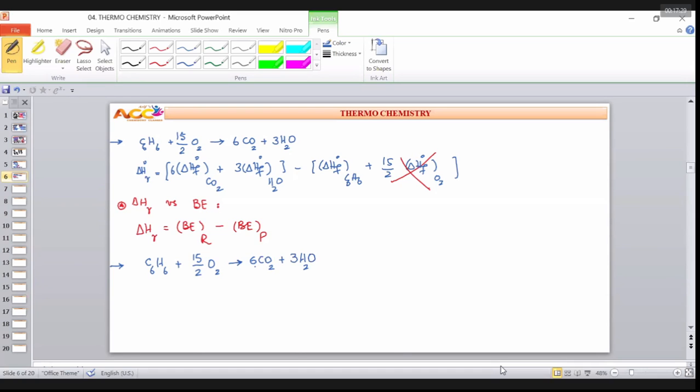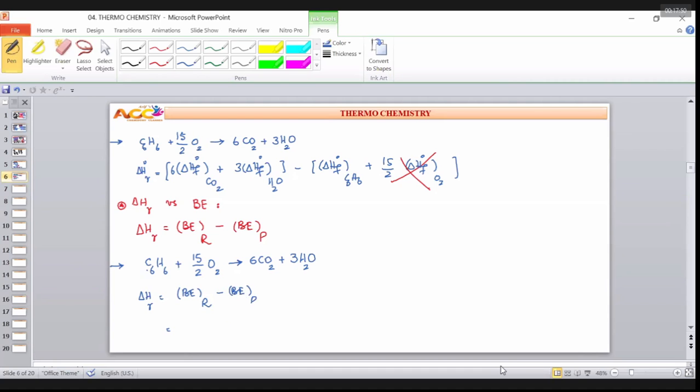If the question provides bond energy parameters, and you want to find out the enthalpy of reaction, let us start. Enthalpy of reaction is equal to, we are beginners, hence we should write the term bond energy and the number of times so that we get practiced. Bond energy of reactants minus products.